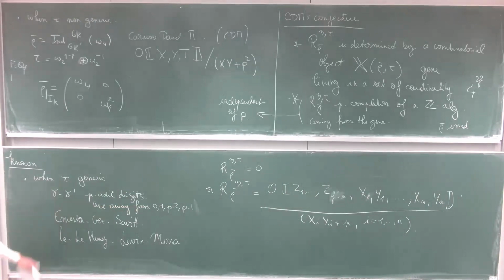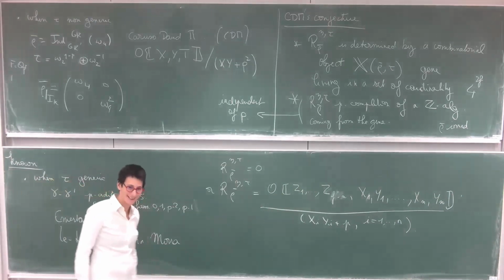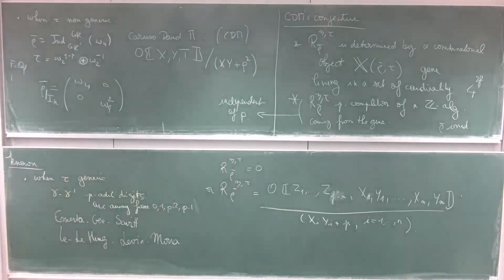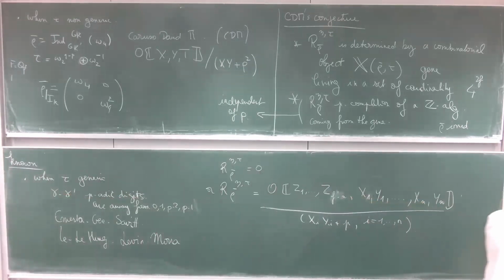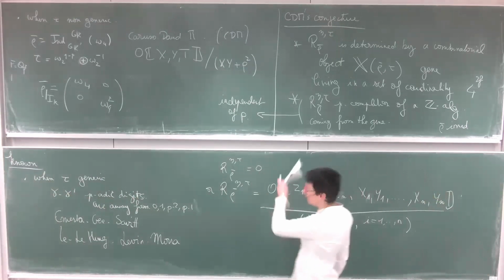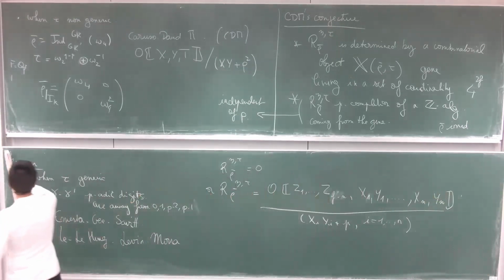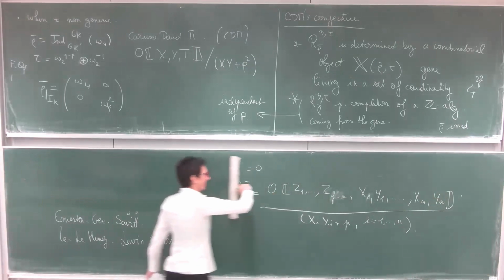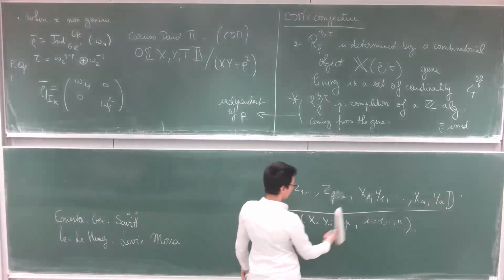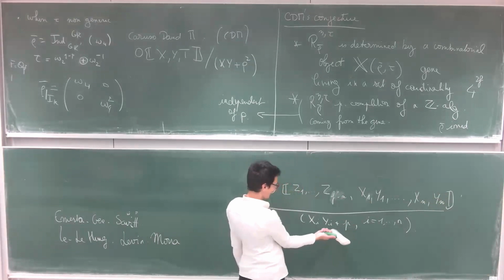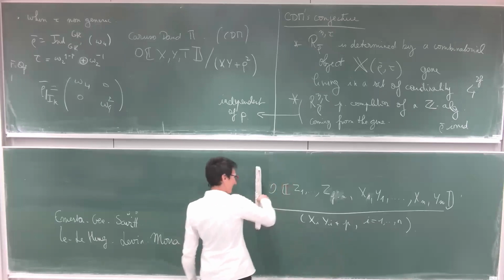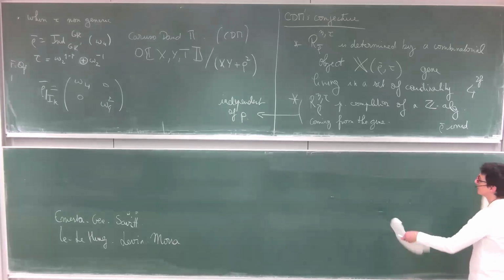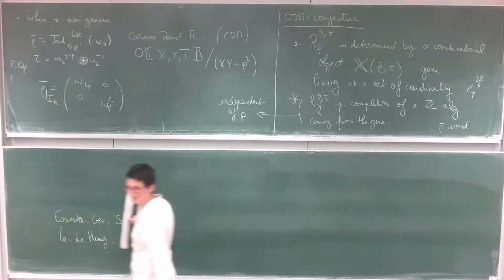In the generic case, this conjecture is true. For rho bar generic, we already know that our conjecture is true, because we have this nice form, and you can see that this p does not play any role. You can change p. You can consider p as a variable in this formula.